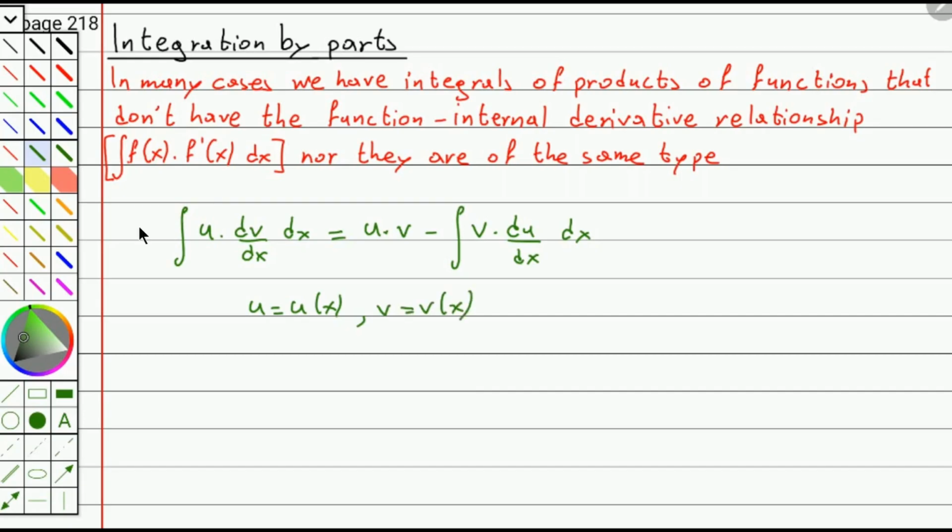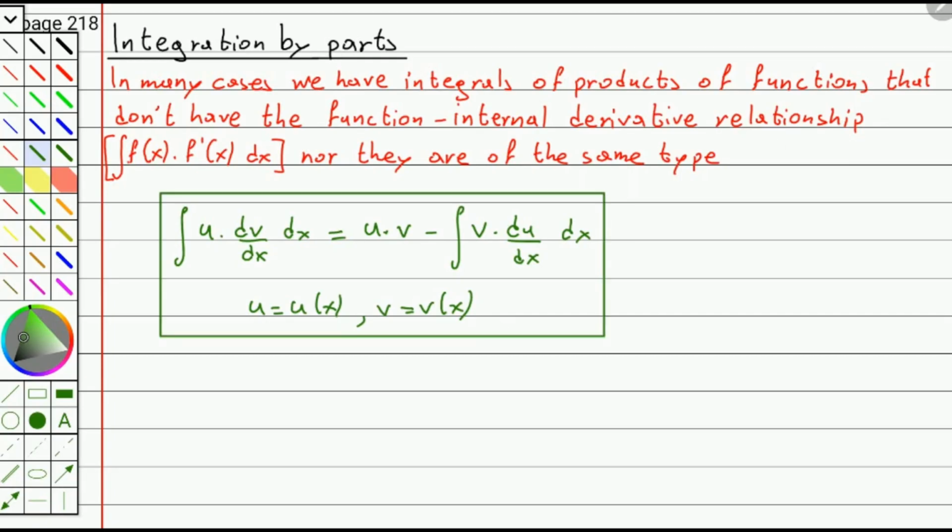So both of these u and v are functions of x. As mentioned, these u and v are not of the same type, and they don't have any relationship between them, so we use this technique, and it is also the last resort whenever we want to solve an integral of a product of two functions.